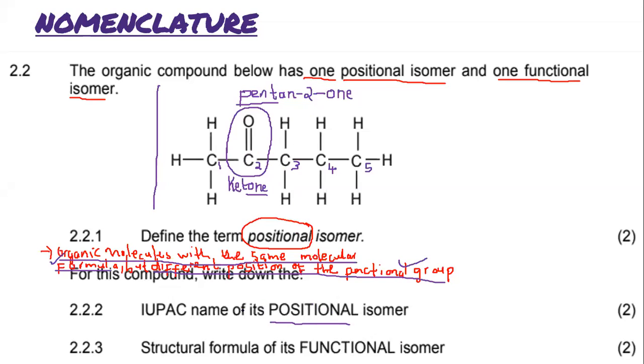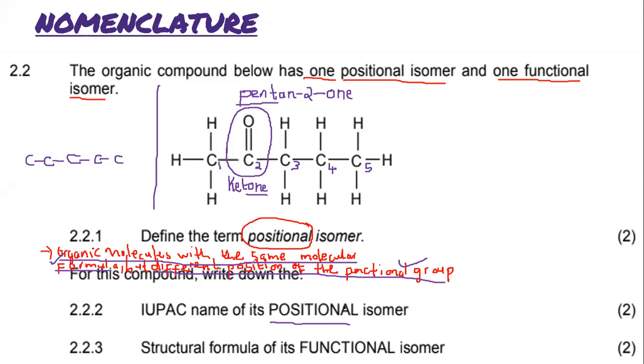Now, let us actually just draw the molecule before we give it its IUPAC name so that we are able to practice. So remember, a positional isomer must still have the same molecular formula. So the number of carbon atoms must still be the same. So it will be 1, 2, 3, 4, 5. Remember, what should change is the position of the functional group.